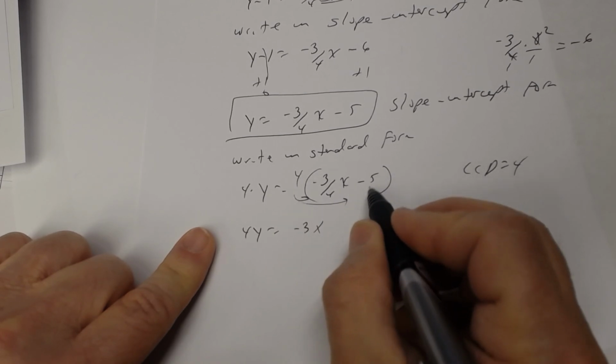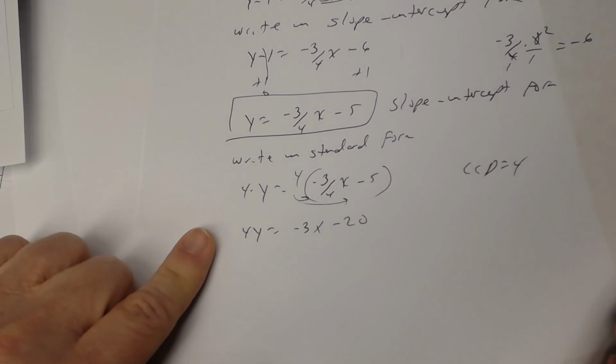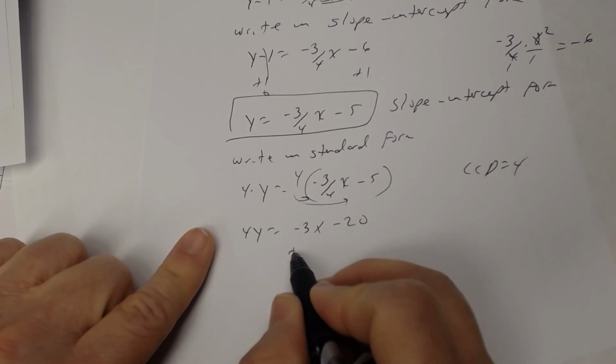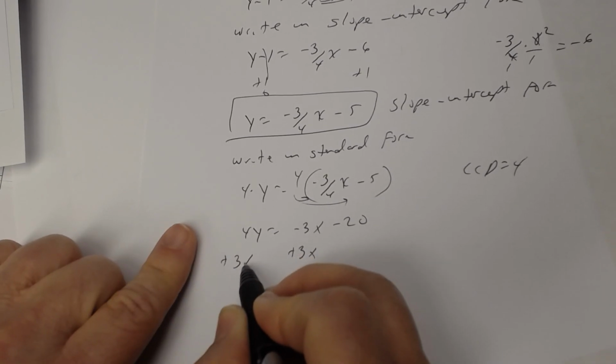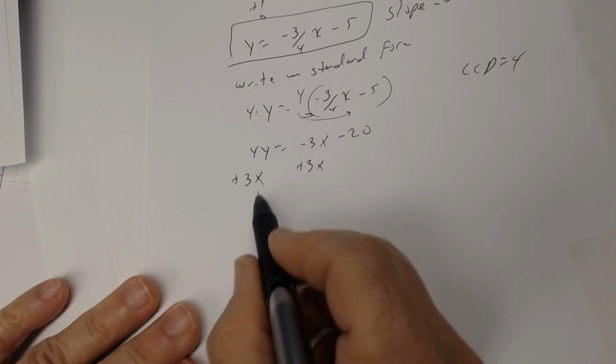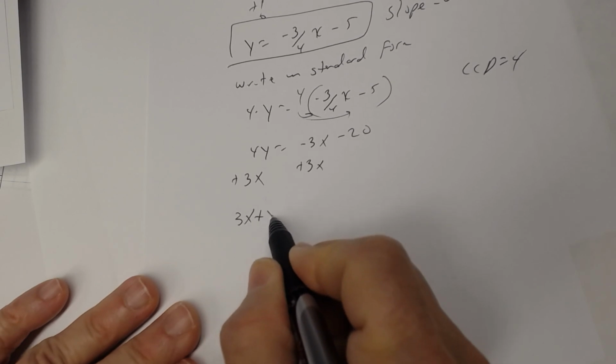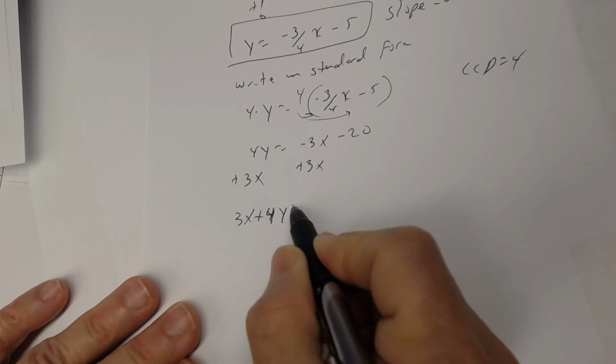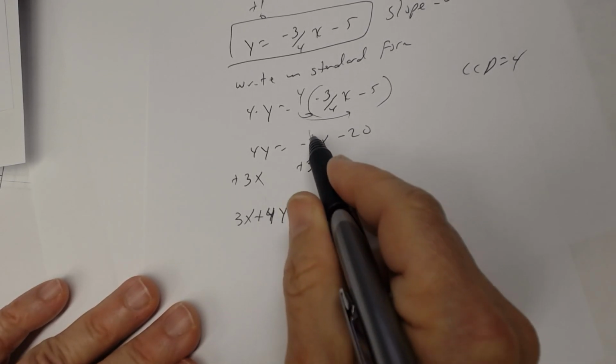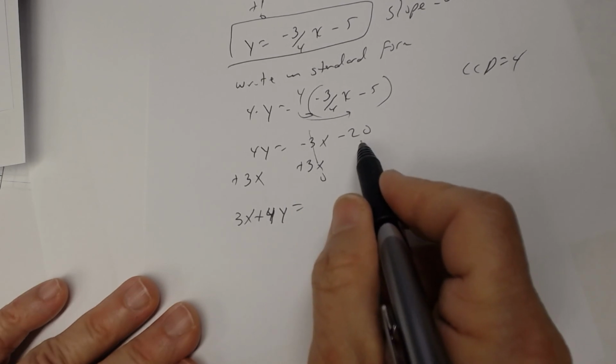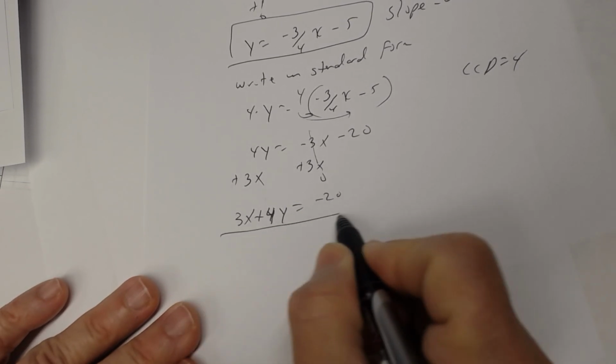And then 4 times negative 5 is negative 20. And so now I'm going to add 3x to both sides. And so I get 3x plus 4y equals, negative 3x plus 3x is 0, 0 and negative 20 is negative 20. So that's your standard form.